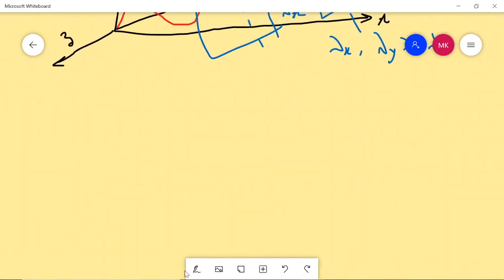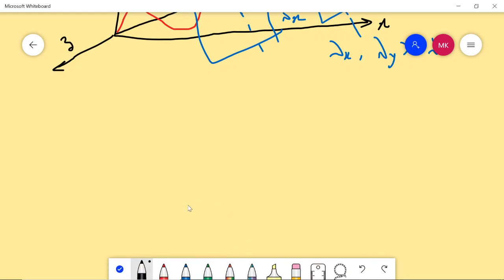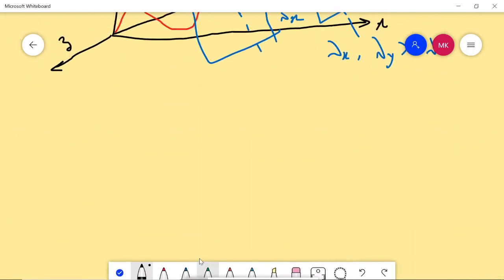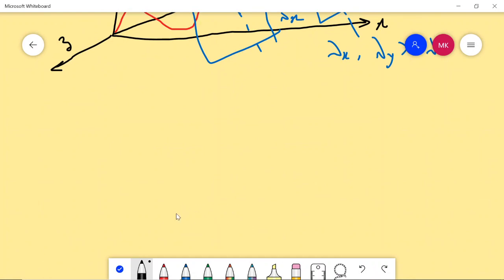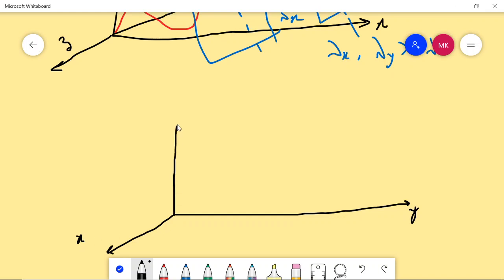So we have a wave again. Let's take this as the y-axis, this as the x-axis, and let this be the z-axis. Now the wave is propagating in this direction. This is the direction of k, and we show it with the unit direction ak.